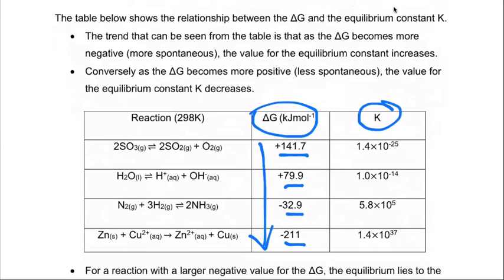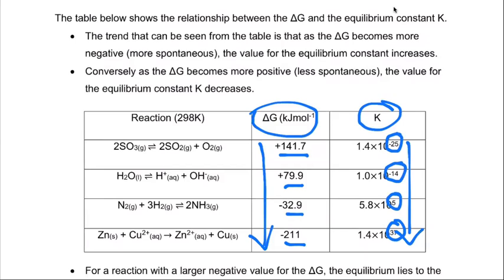So as delta G becomes more negative, meaning more spontaneous, the value for the equilibrium constant increases, okay? Here, this is really small because it's to the negative 25th power. It goes a little bit bigger because it's only to the negative 14. Now they're positive exponents, so it's getting larger and larger. So as delta G becomes more negative or more spontaneous, your equilibrium constant value increases, okay?